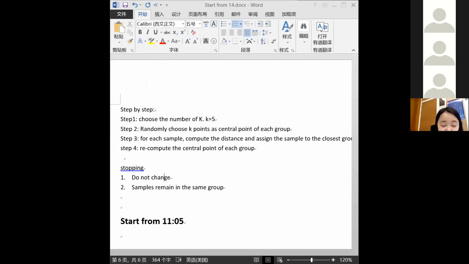If we find that all the central points stay the same when we update the central point for each group, we can stop the iterations. And the second example to stop the whole procedure: if we find all samples remain in the same cluster, remain in the same group, we can stop training.